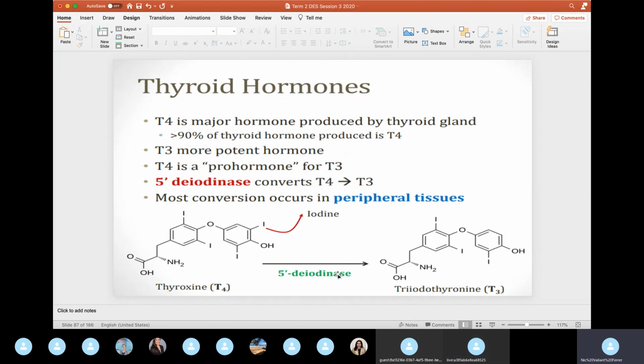Most conversion occurs in your peripheral tissues. So you're going to learn more in term 4 about the peripheral conversion. That's why you give beta blockers here. So thyroid hormone, which is more potent? T3. What converts T4 to T3? 5' deiodinase. Where does this conversion commonly occur? It occurs mostly in the peripheral tissues.